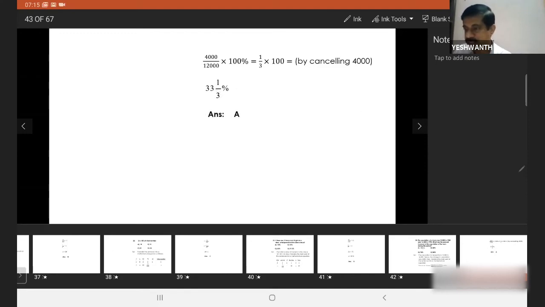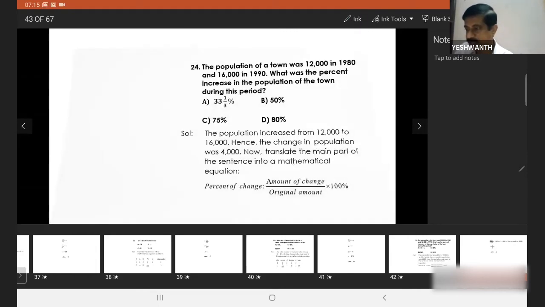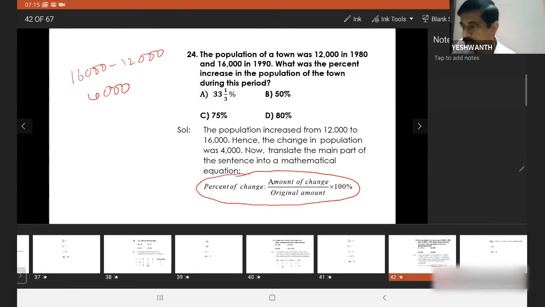So this should be option A. Okay. So please note it fast. So we'll put the same thing here. Amount of change is 4,000 by original amount. Original amount is this 12,000 into 100. That is 33 1 by 3 percentage. So option A. Please note it fast, quick.